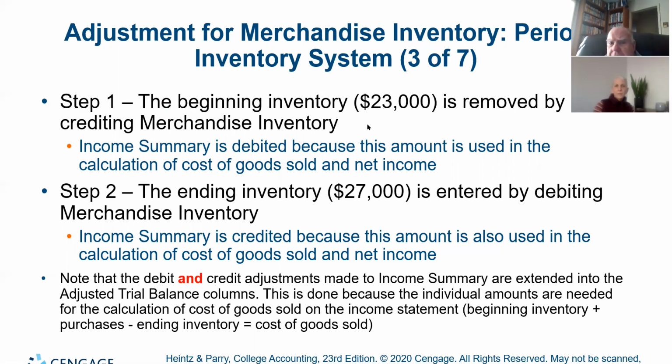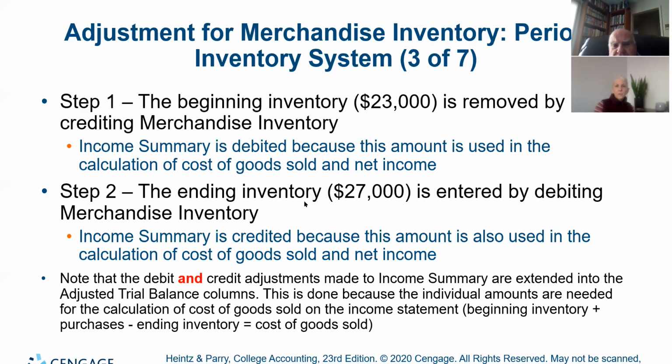Step 1, credit it and debit our old friend, the income summary account. At that point, we have a zero balance in the inventory. Now we're going to enter in the new. Now we're going to debit the inventory and credit the income summary. And that's pretty much the whole thing to grasp. And students have had a little bit of trouble with this.